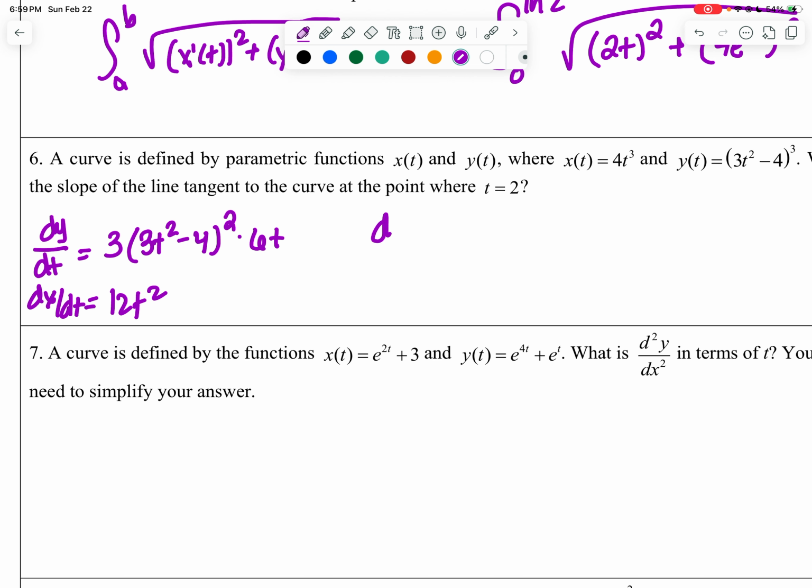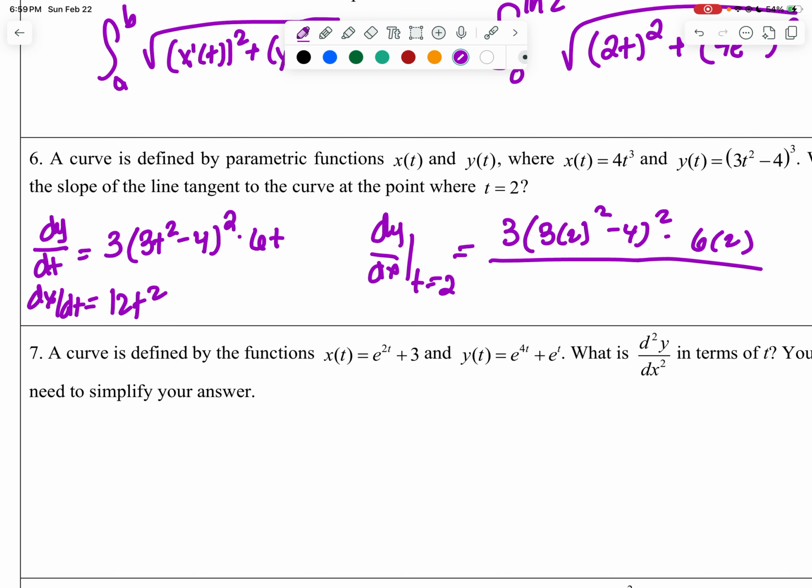But once you do that, all you have to do is just plug in 2. I'm not asking you guys to simplify this, so you could just straight up plug this in and then call it a day. That's it.